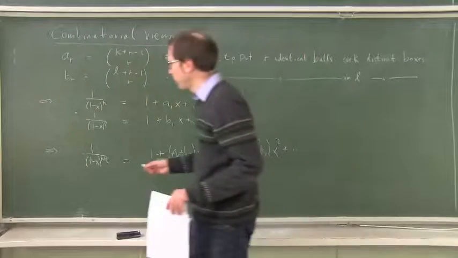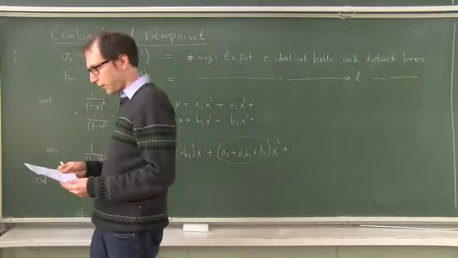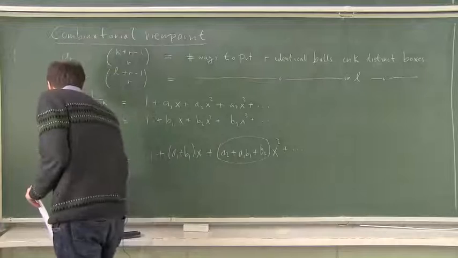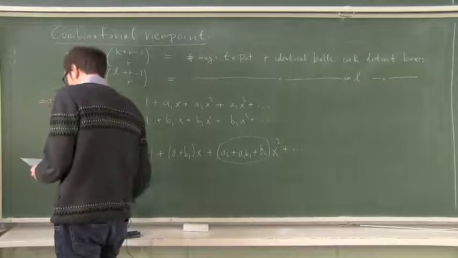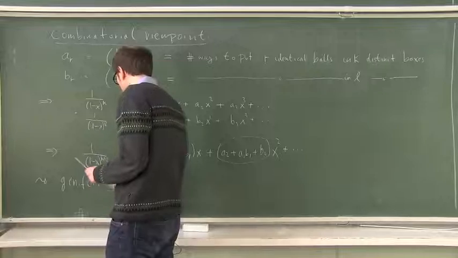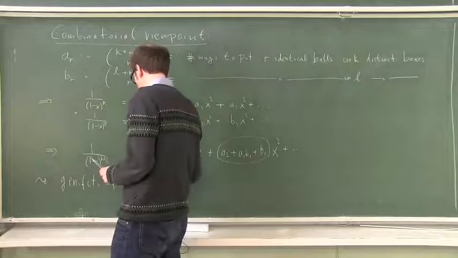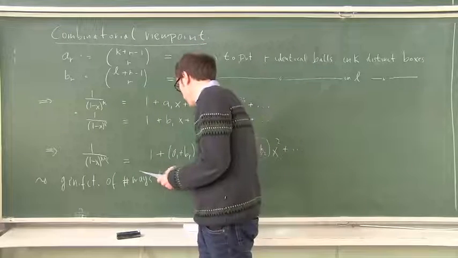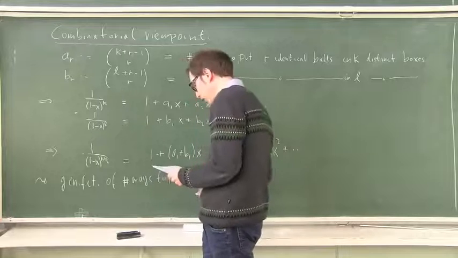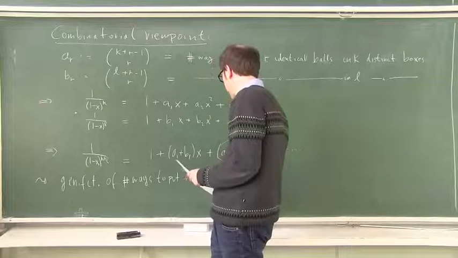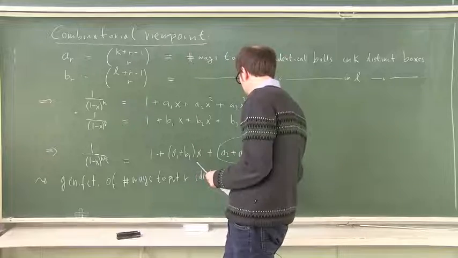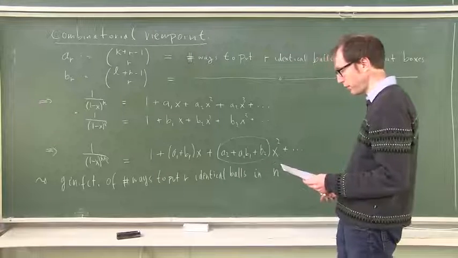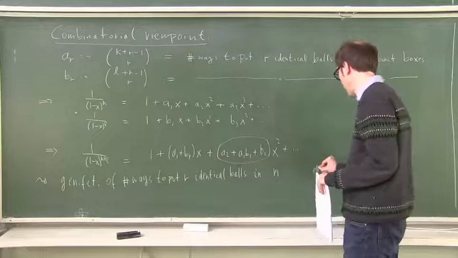Now, I like this way of thinking about it because it can come up with the same formula we've already seen again. So let's look at the generating function of the number of ways to put r identical balls in, let's just call it now n, so that it looks more like you've seen it before, distinct boxes.